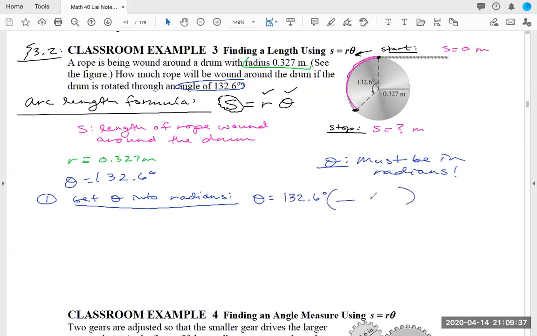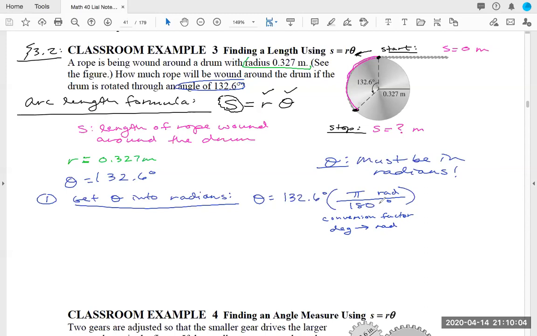And then remember the conversion factor. If you're going from degrees to radians, you're going to have radians on top, degrees on bottom. Pi goes next to the radian part, 180 goes next to the degree part.